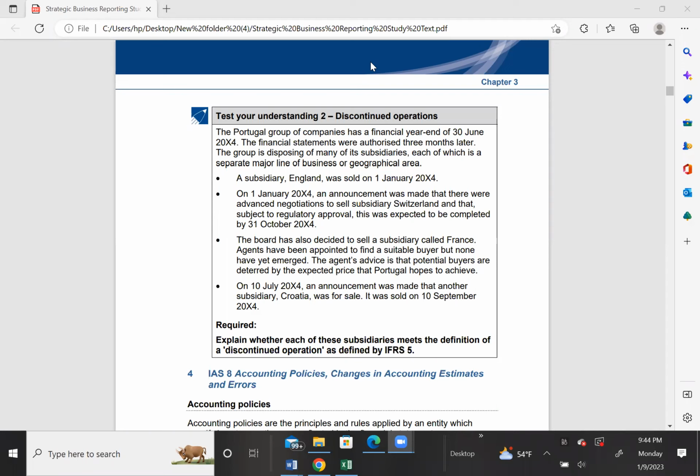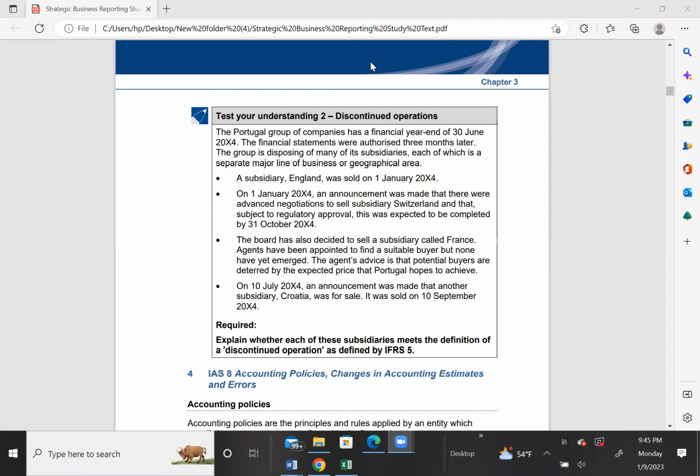That means they have marketed the company at more than reasonable fair value, and it is a condition that it should be marketed at a reasonable fair value. So the price they are asking is a hurdle in disposing of the subsidiary. So again, it cannot be classified as held for sale or discontinued operations.